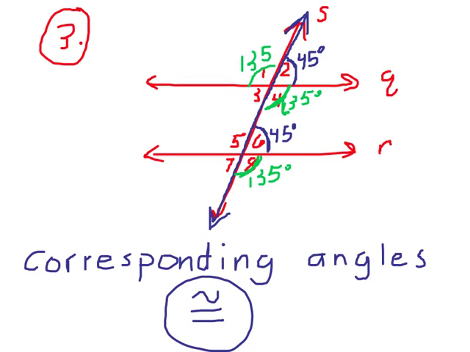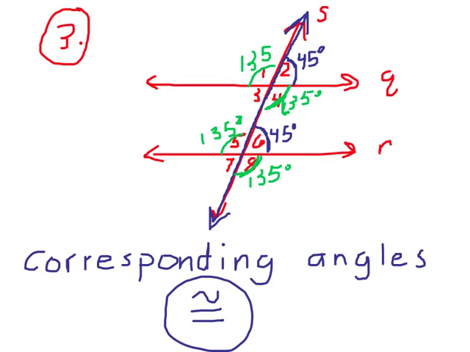Okay, let's think now. Angle 1 corresponds to which angle? Angle 1 corresponds to angle 5. So 1 and 5 are congruent because they are called corresponding. So far, so good. We're down to naming the last two angles here, 3 and 7. Now, a couple things you can do here. I can say that angle 3 corresponds to angle 7.